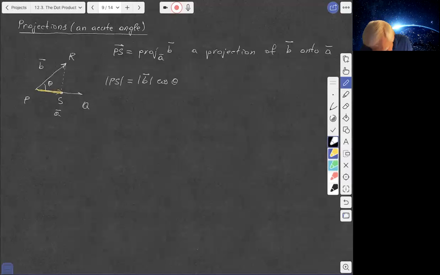This quantity is denoted as comp B onto A, and is called the scalar component, or scalar projection, of the vector.